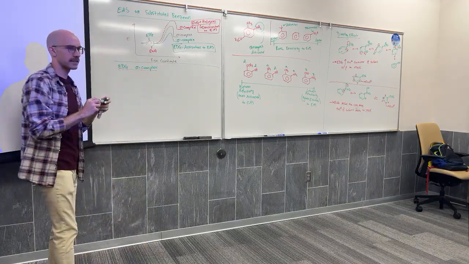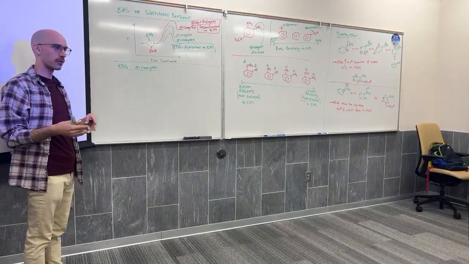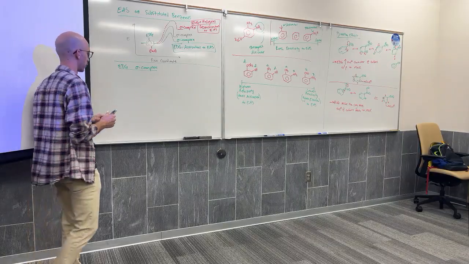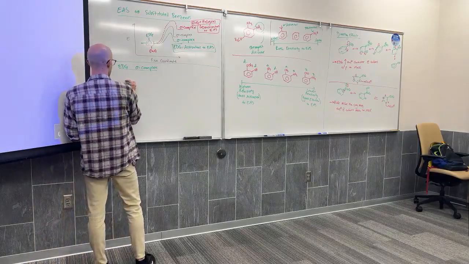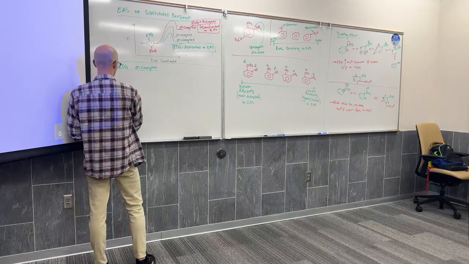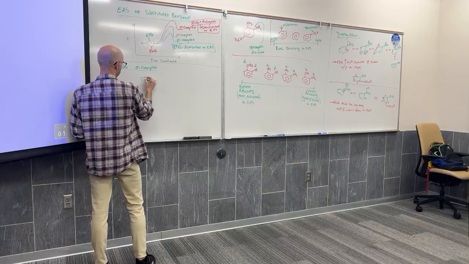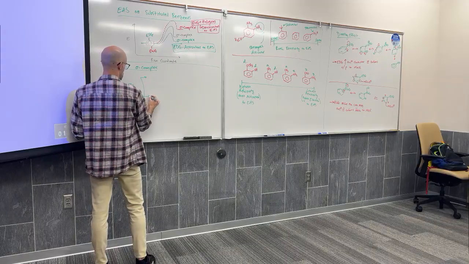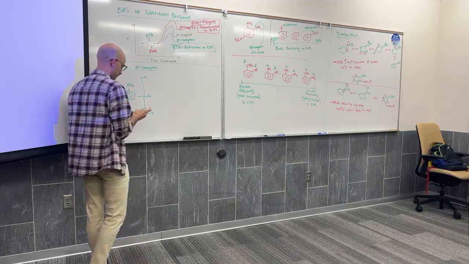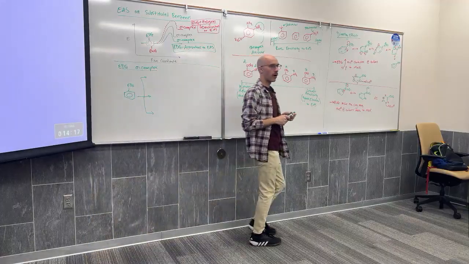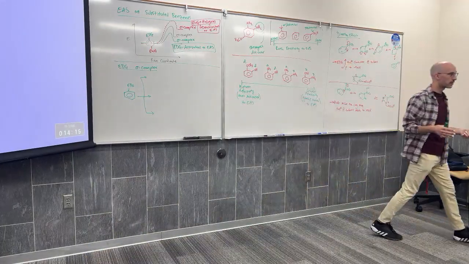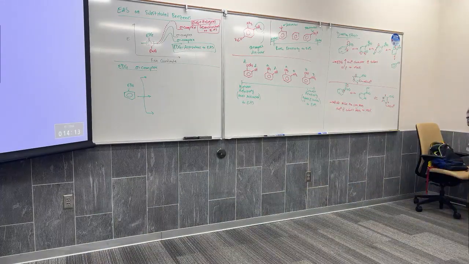When you look at the sigma complex for a ring that has an electron withdrawing group, there are 3 positions that the group can direct the ring to attack from.